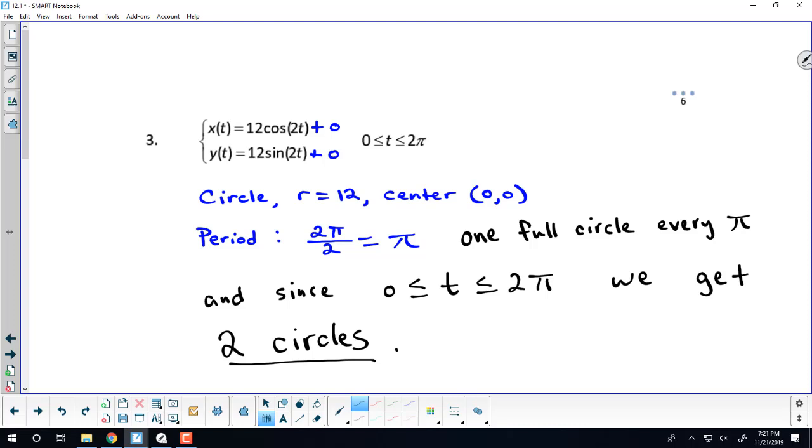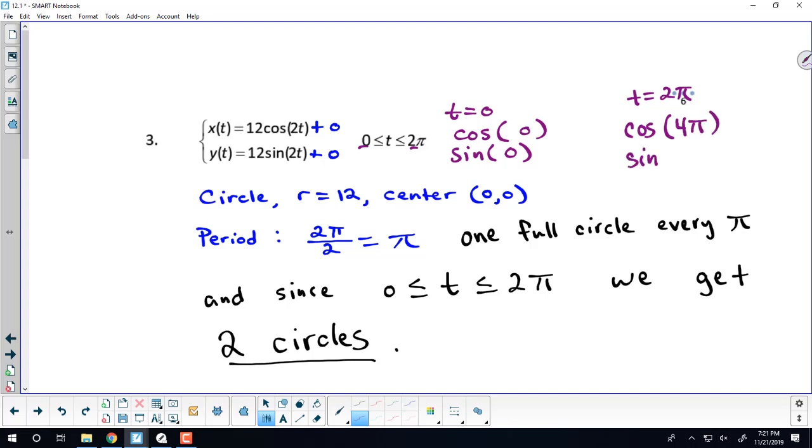Does that make sense? Another way you can look at that pretty quickly is to say that if t is equal to 0, then I have cosine of the argument 0 and sine of 0. And when t is 2 pi, we're just going off of where t starts and stops, we have the cosine of 4 pi and the sine of 4 pi.